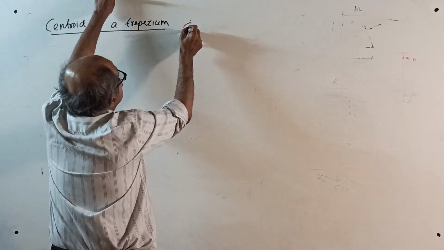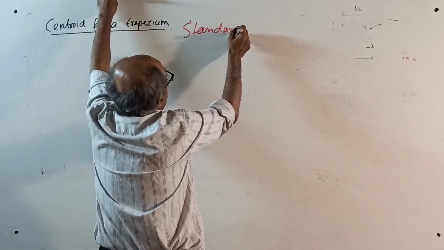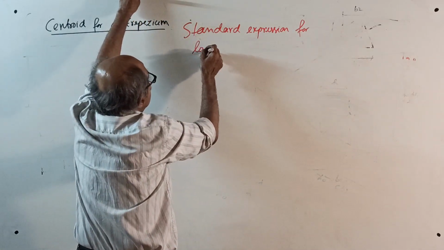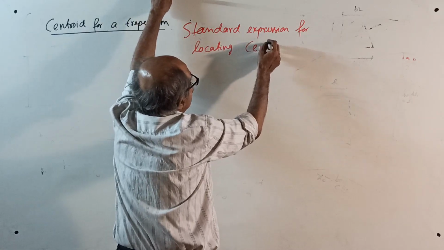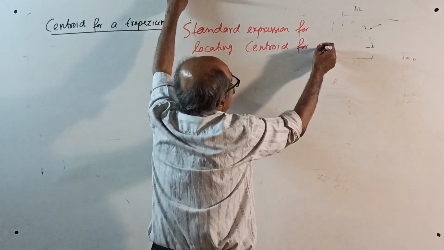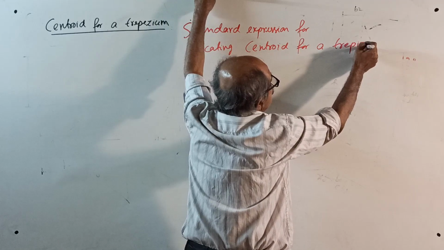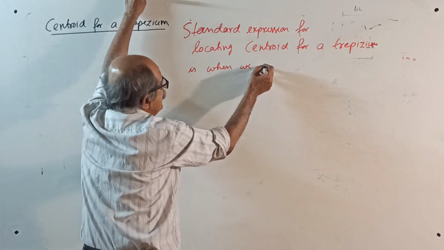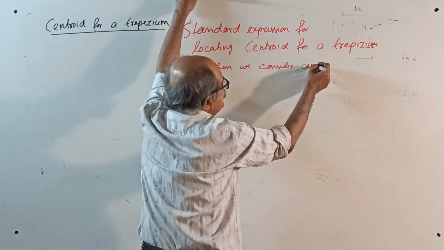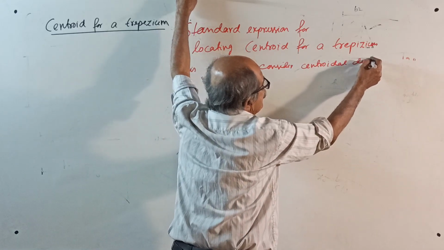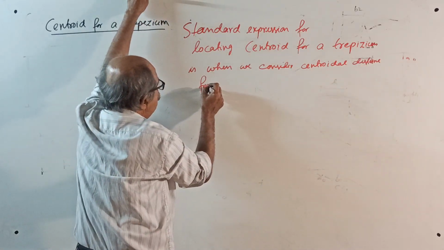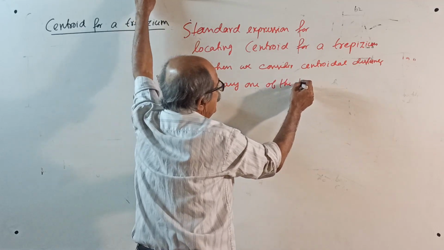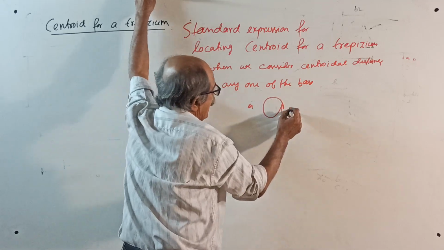Standard expression for locating centroid for a trapezium is, when we consider centroidal distance from any one of the bases, that is along the height.